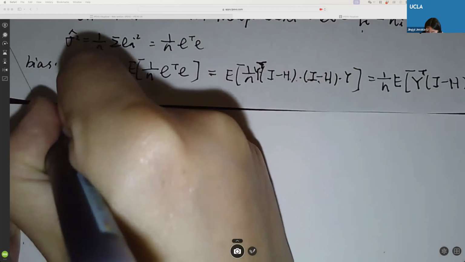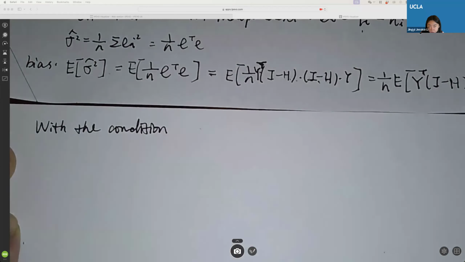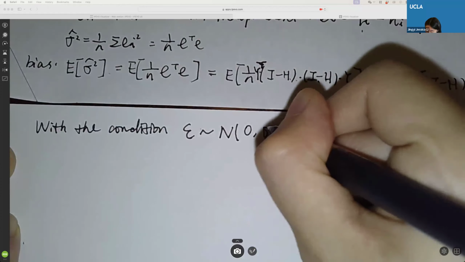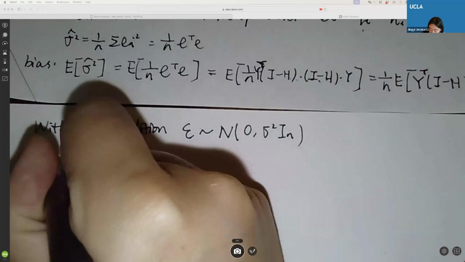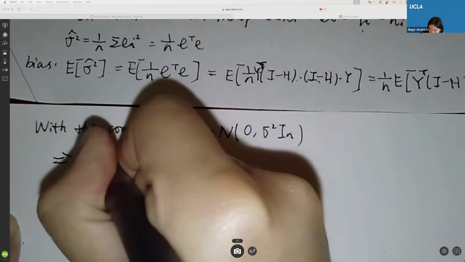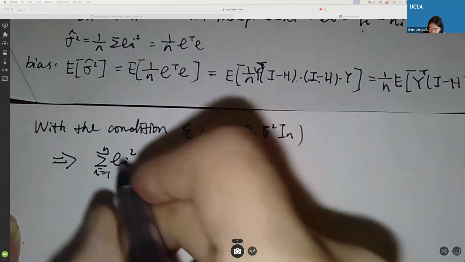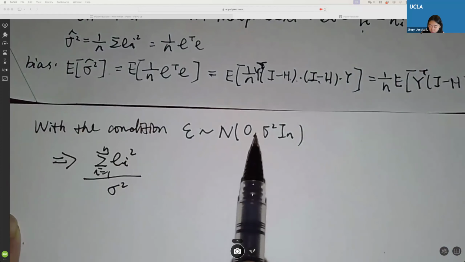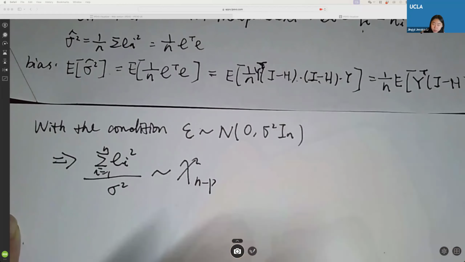With the assumption we previously made, that epsilon is normal with mean 0 and covariance sigma squared I_n, we can show that the sum of e_i squared, i from 1 to n, divided by sigma squared, which is a normalization to remove the effect of sigma squared, follows a chi-square distribution with n minus p degrees of freedom.